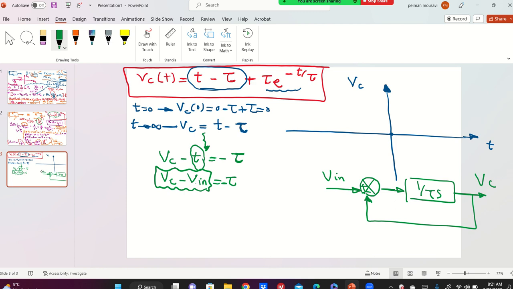What's the name of that signal? V in minus Vc. What's the name of the signal?